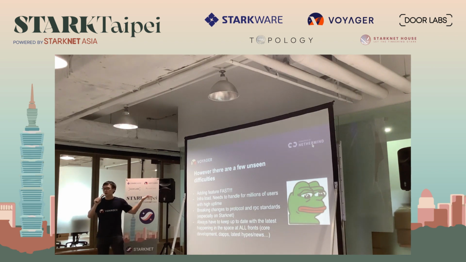Breaking changes, especially in the Starknet ecosystem. For those early adopters of Starknet, you have probably seen that Starknet changes over the months and weeks, very often. For example, back then there was this concept of Cairo Zero, where there's a certain way of running contracts, and then they scrapped this entire way, deprecated it, and introduced Cairo 1, where there's a new way of running contracts.